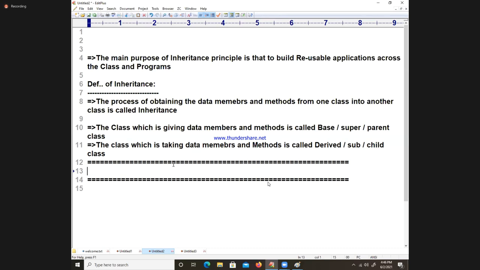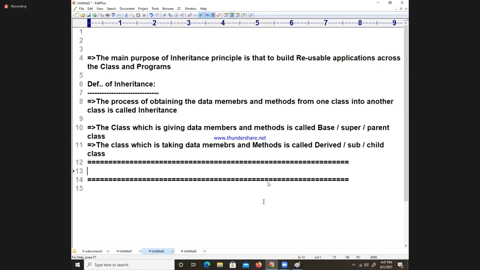Who are you? You are called derived classes. Don't use child and parent, please throw it away. Use subclass or derived class. Who am I once again? Base class. Who are you?